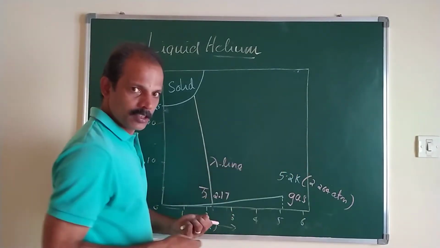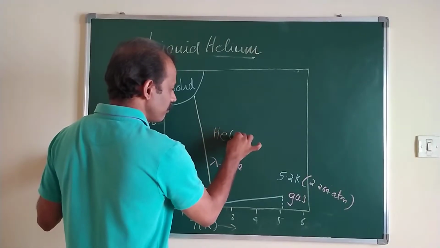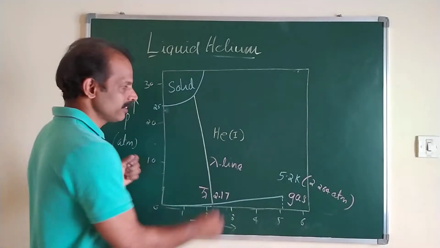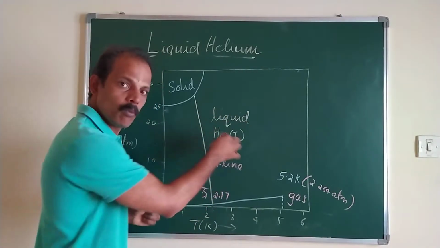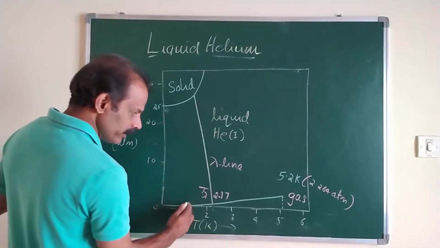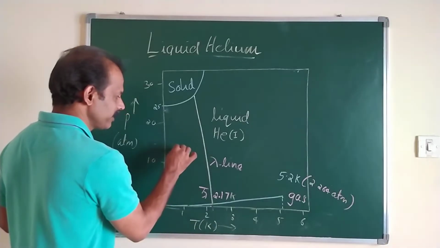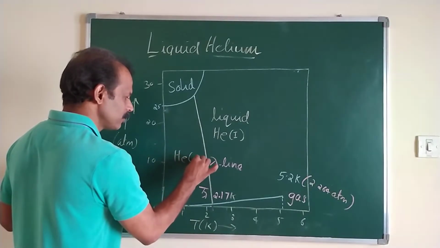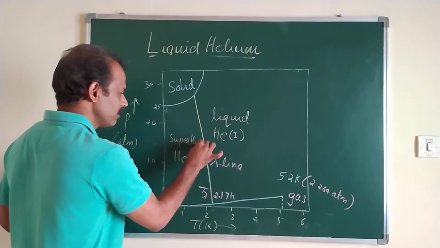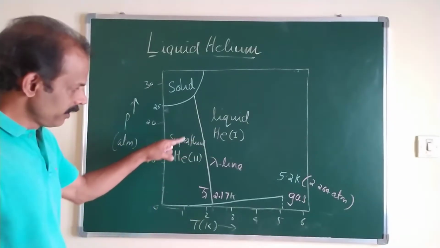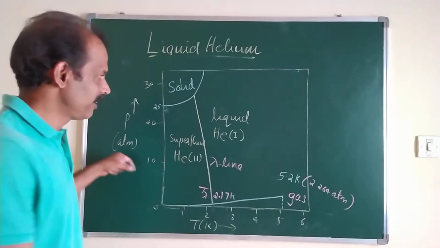Above this temperature it is helium 1, that is liquid helium phase 1, and below 2.17 Kelvin it is helium phase 2, that is superfluid. Okay. And this line is known as the lambda line or transition line.